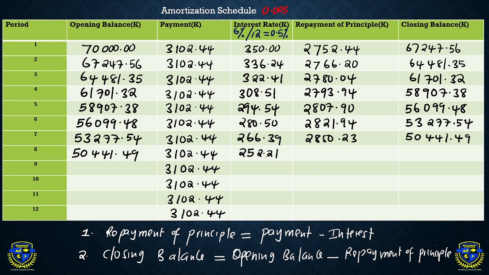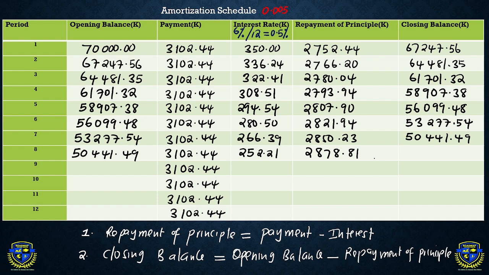Okay, so subtract the 252.21 from 3,102.44. It's going to give us 2,850.23.